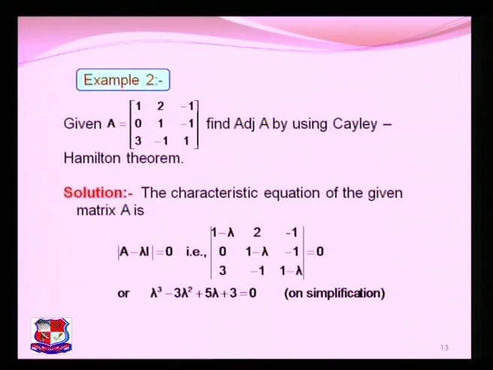And by expanding the determinant, we will get the equation lambda cube minus 3 lambda square plus 5 lambda plus 3. In the last example, we haven't repeated how to expand the determinant. Here I want to repeat how to expand the determinant. So the students who have no idea how to expand the determinant, please look here.